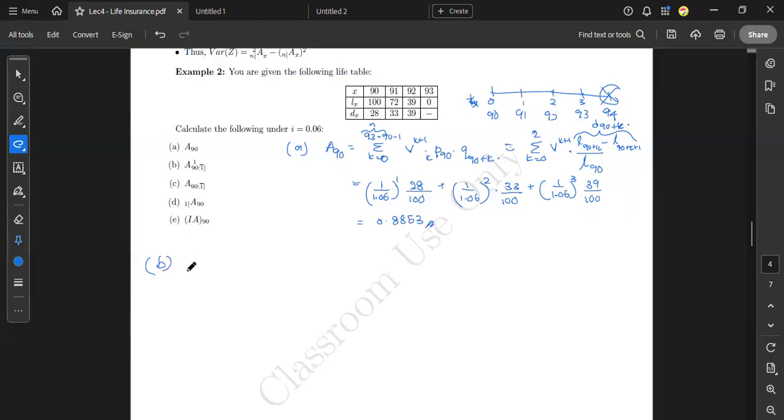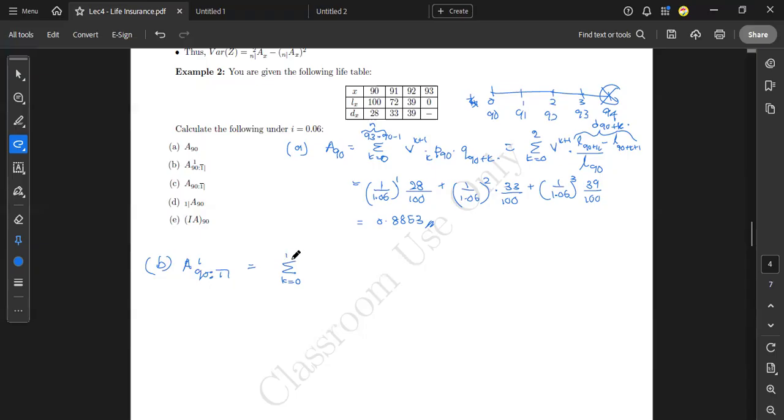And for part B, it's term life, starting from 90 and going for 1 year. That means k equals 0 and n equals 1.